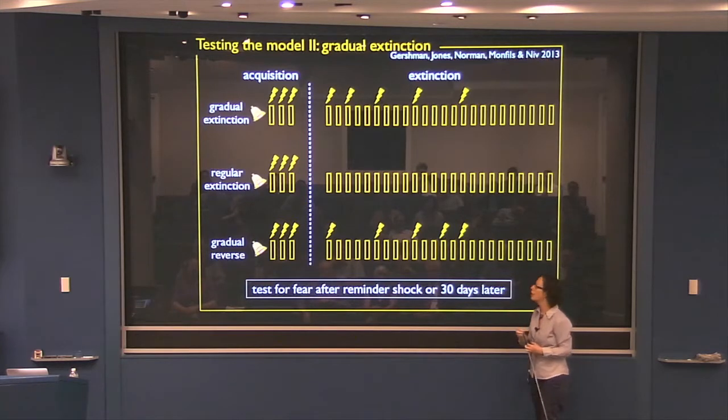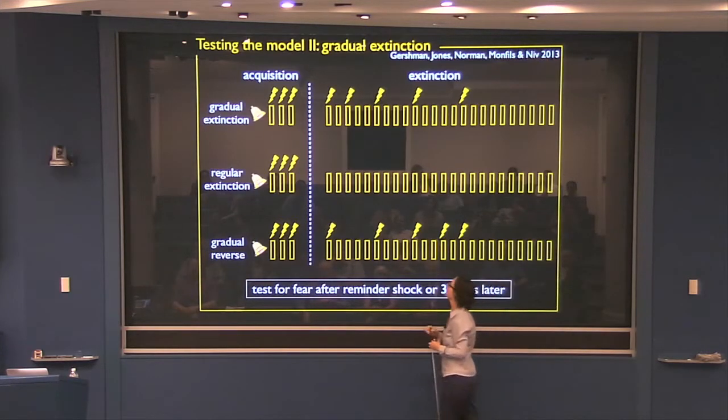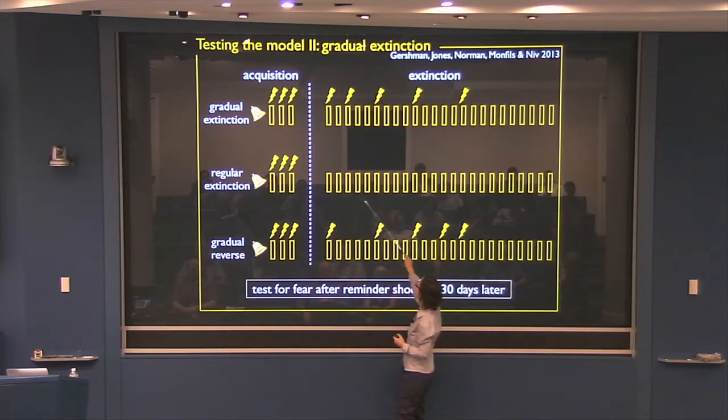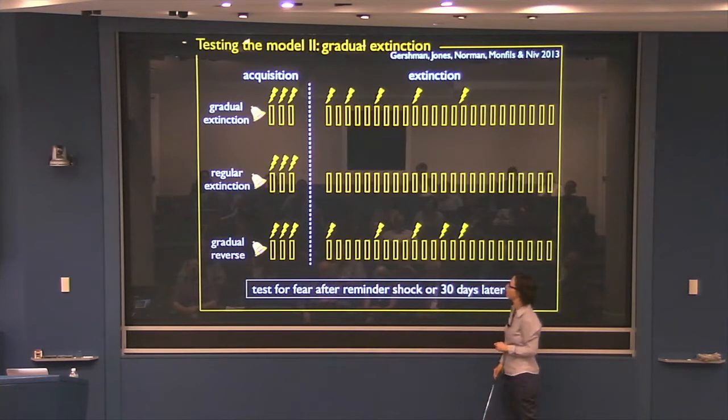And when you hear a tone again, you won't be that afraid of it because you'll think, it has a lower probability of giving you a shock. Whereas in the case of regular extinction, this latent cause will have 100% shocks in it and will not be diluted because you start a new latent cause in the extinction.